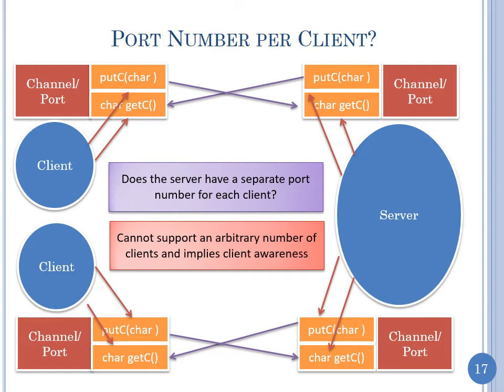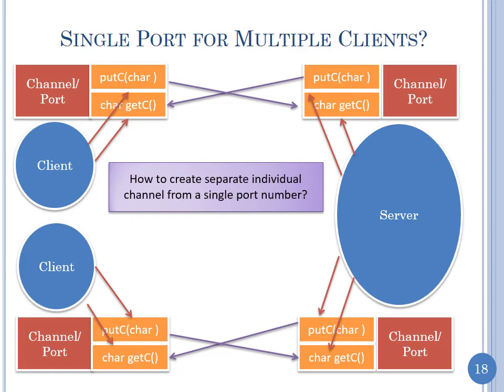It has a single port number, and yet it's possible to have multiple private channels connected to it. So what's going on? What else do we need? Or how can we use what we already have to establish multiple private channels? Okay, so that's the question for you.